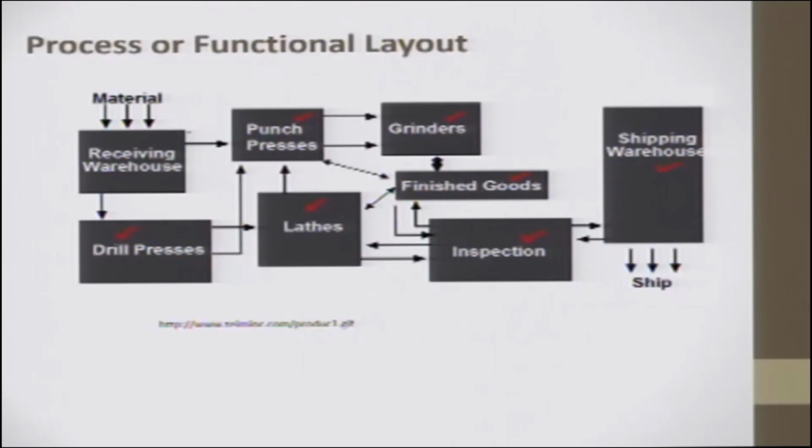So, my product would first be received here, then the second operation is drilling, third operation is grinding, fourth operation is inspection, and the final shipping. So, this red arrow path is for my one product here.